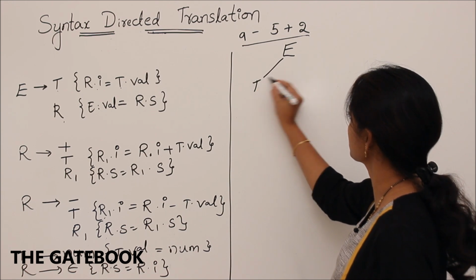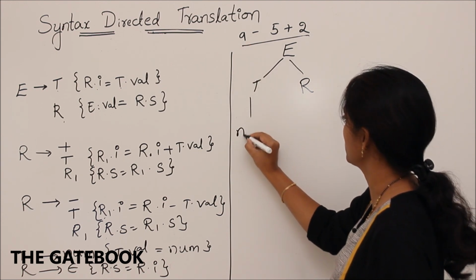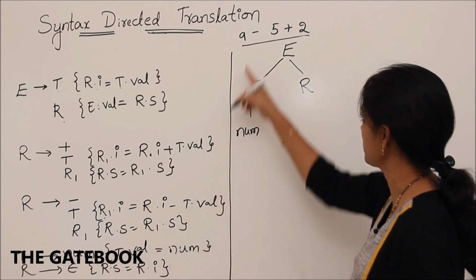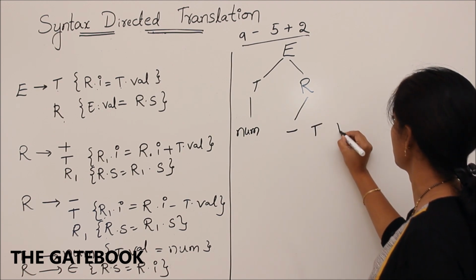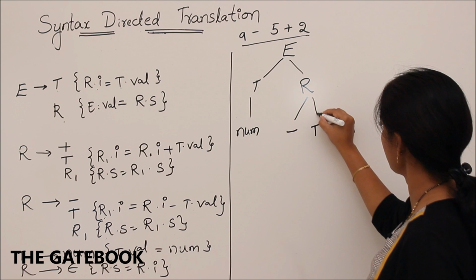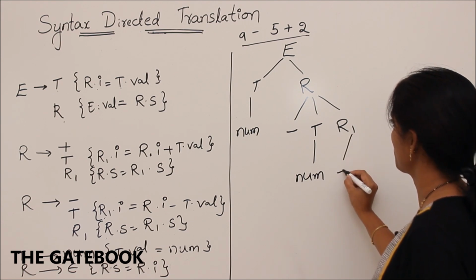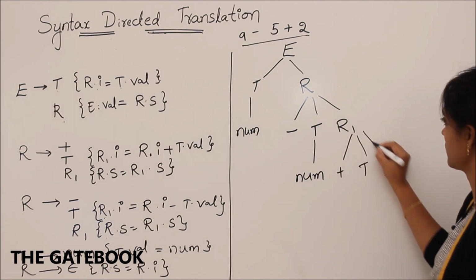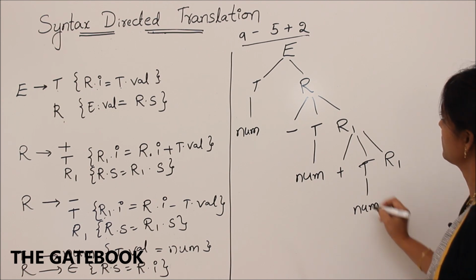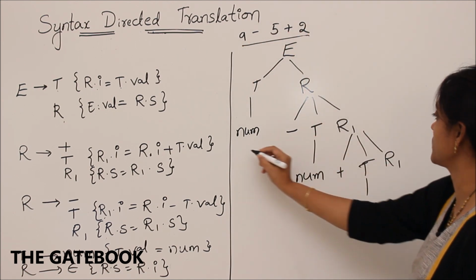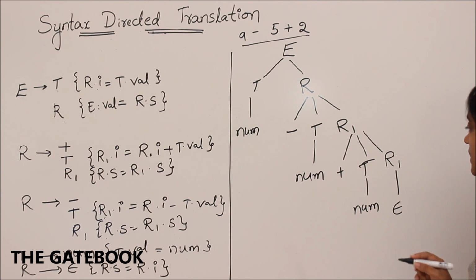First, E derives T R and T derives number, in this case it's 9, and then R derives minus T R1, and then T derives number again, and R1 derives plus T R1, and T derives a number, and we have to derive 9 minus 5 plus 2, so finally R1 derives epsilon.